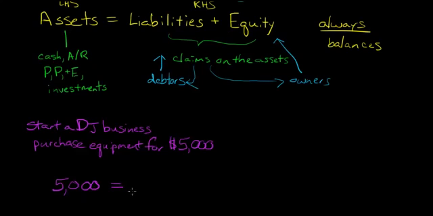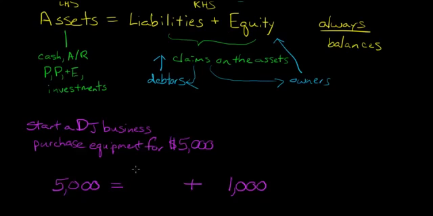Well, we have to figure out, how were those assets paid for? Let's say that you took $1,000 out of your personal savings, which was separate from the business, and put $1,000 of your own money into the business. That's the equity portion. That's your claim against the assets of the business because you are the owner. So you've got $1,000 here in equity.